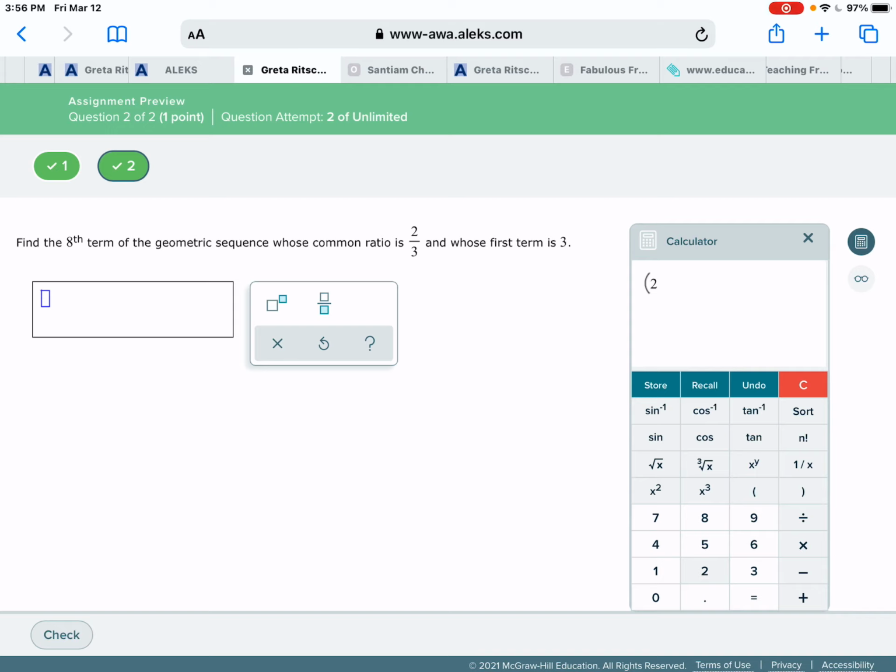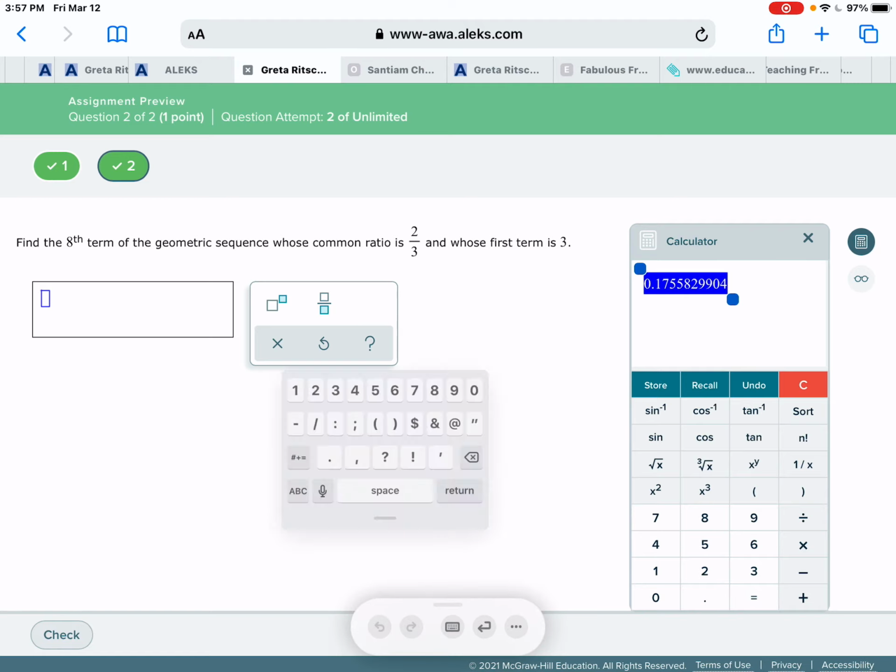Two thirds to the 7th power, equals, times 3, equals. I don't know if it'll let me do a decimal like that, or if it wants a fraction.